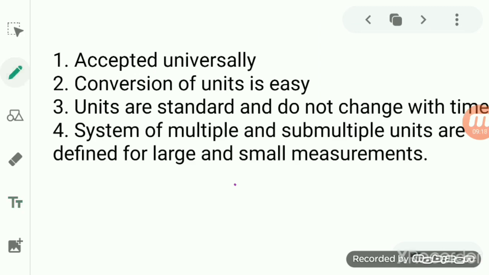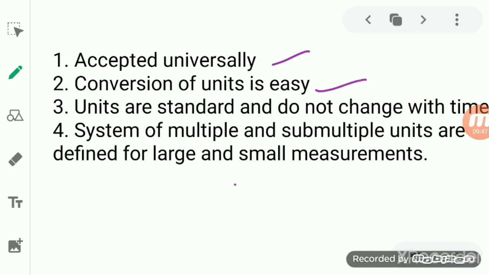The first one is that it is accepted universally. Whether from one country or from a different country, all the people use one standard unit, and that is the SI unit. Most countries have adopted this unit, and it does not vary, which is why we say it is accepted universally.